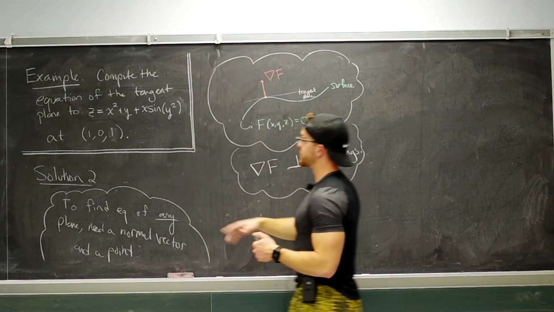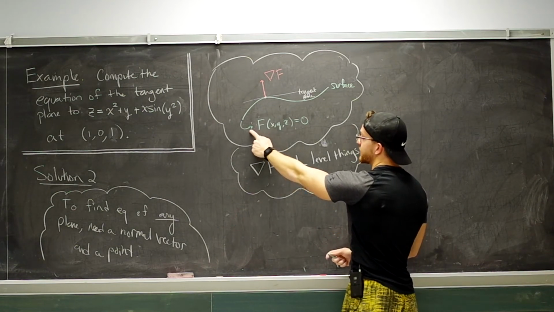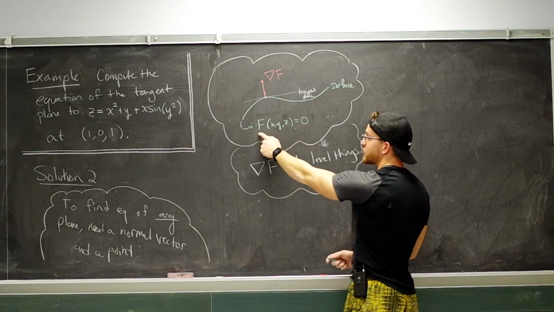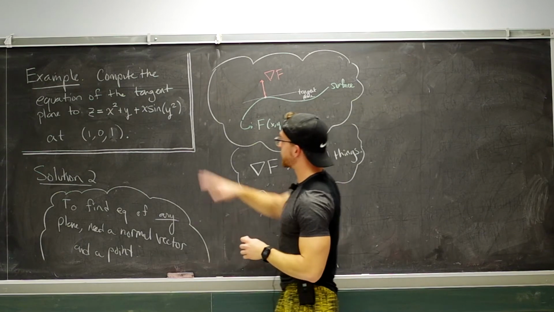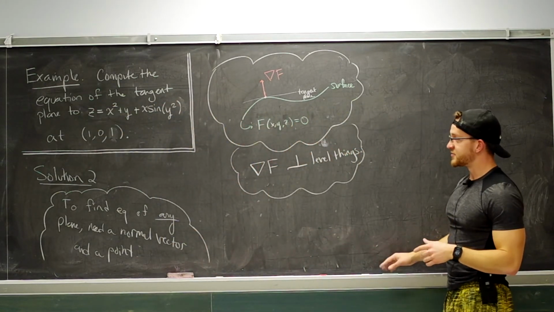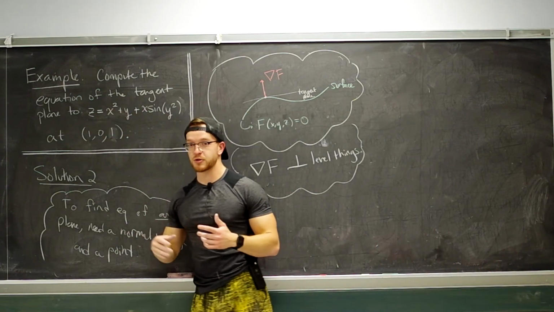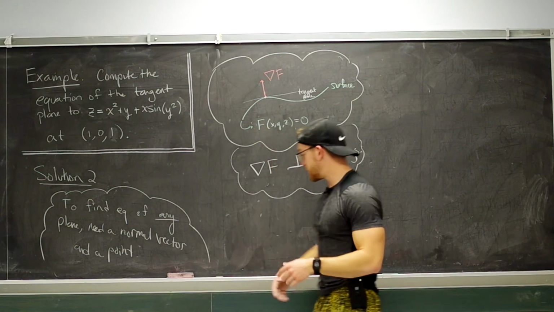The first step is to break my chalk, and then the next step is to do this step in green, which is to realize this surface as a level surface. In practice, to do that, you just take all the variables in whatever equation you're given and move them all to one side.